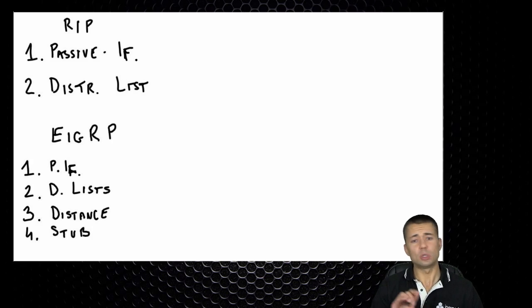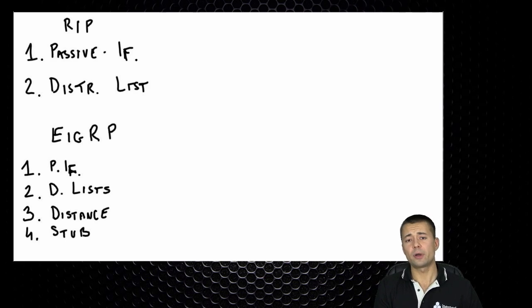You can only do this between the areas when you are an ABR, an area border router, which is a device connected to the backbone, area 0, and some other areas, or when you are an autonomous system boundary router, or in other words, a device that does redistribution to OSPF.